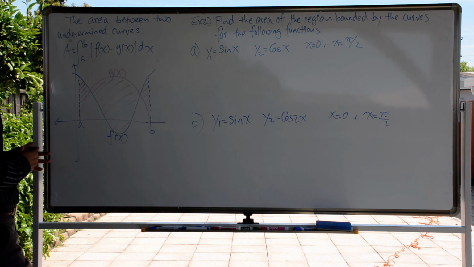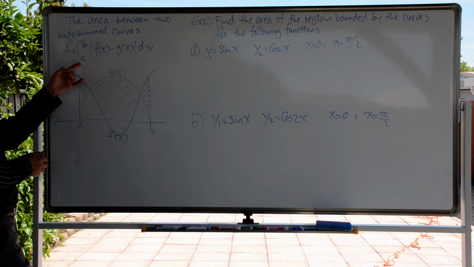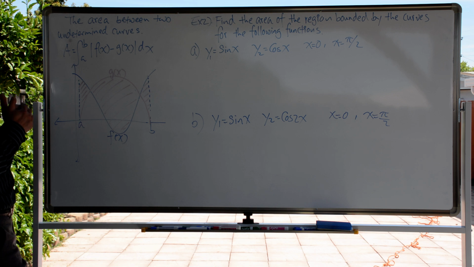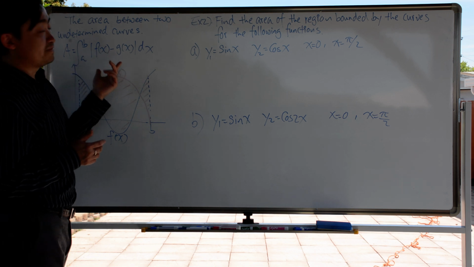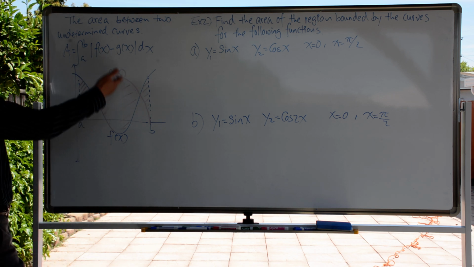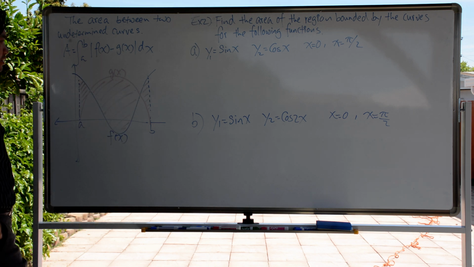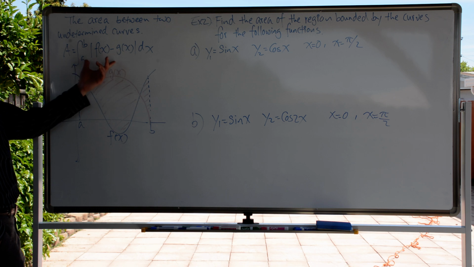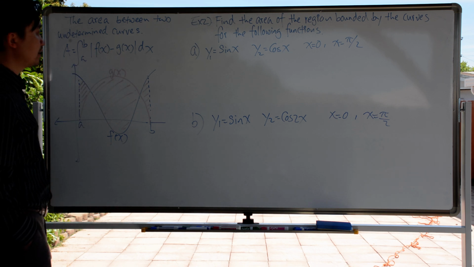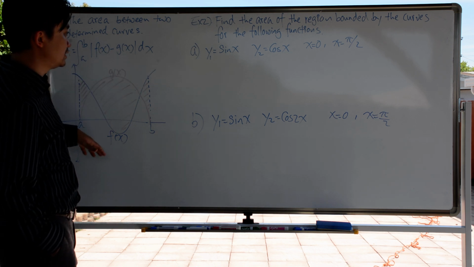So the way to set it up is the area from the integral from a to b, absolute value of f of x minus g of x. Because we don't know which one is going to be the upper curve or lower curve at certain positions, we just want to put it in absolute value. It guarantees that eventually it's going to be positive. Integrating with respect to dx.